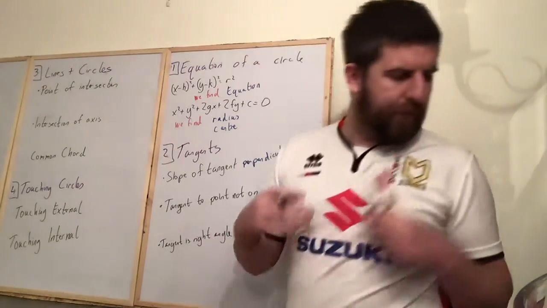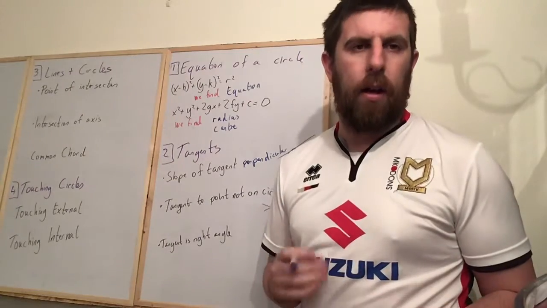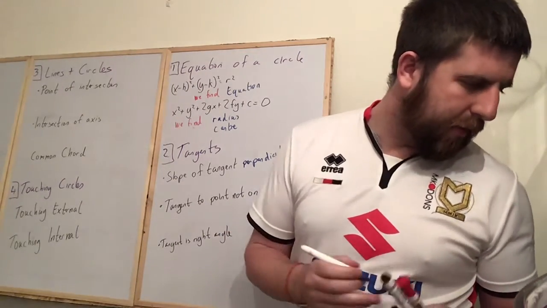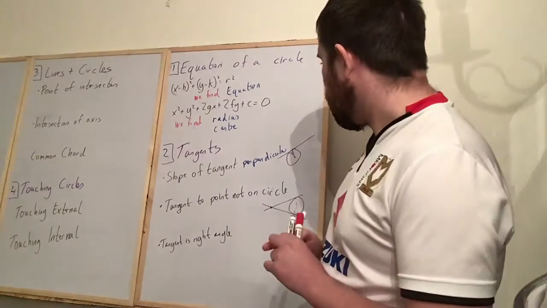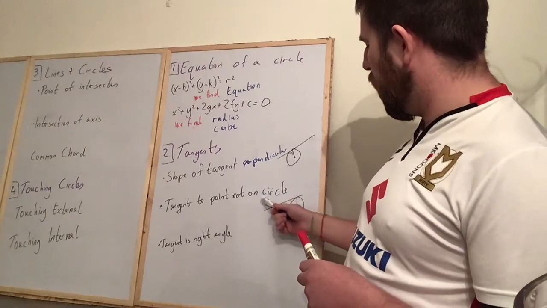Okay, so it means that the tangent and the line from the center to the point of contact intersect at 90 degrees.